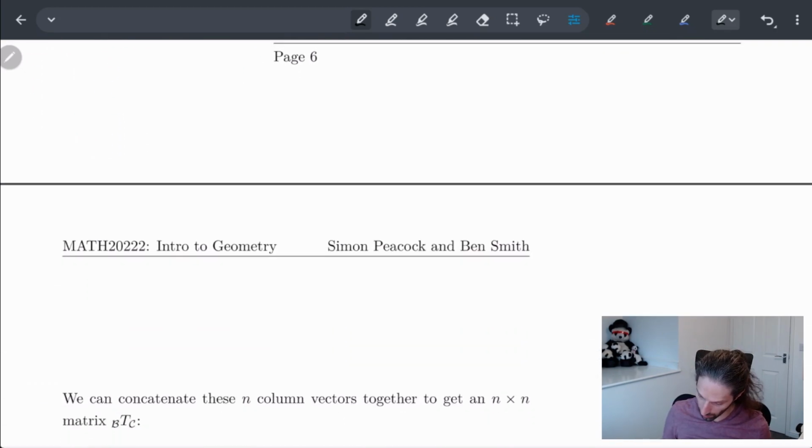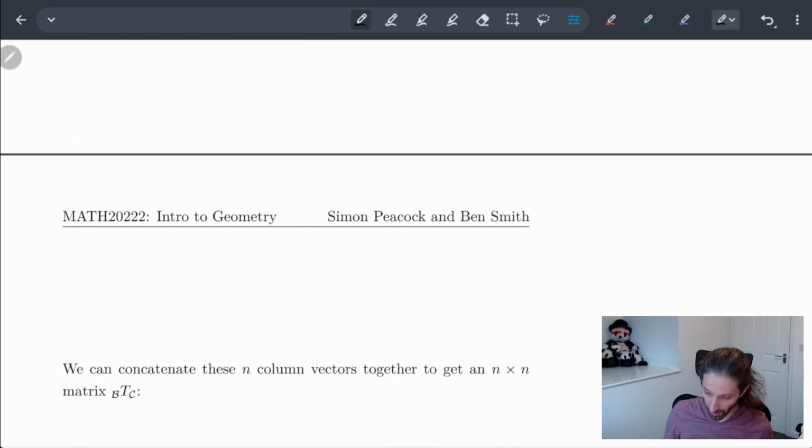So in other words, what we have is each of the f_i. So f_i is going to be equal, and here we'll write it in a slightly different way, a_1i times e1, plus a_2i times e2, all the way up to a_ni times en.